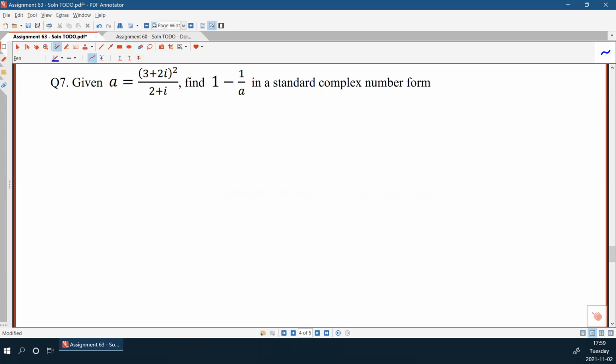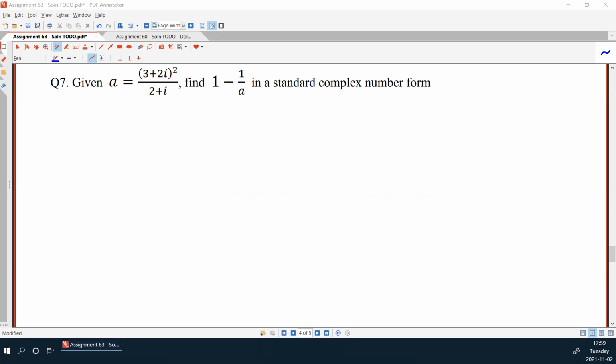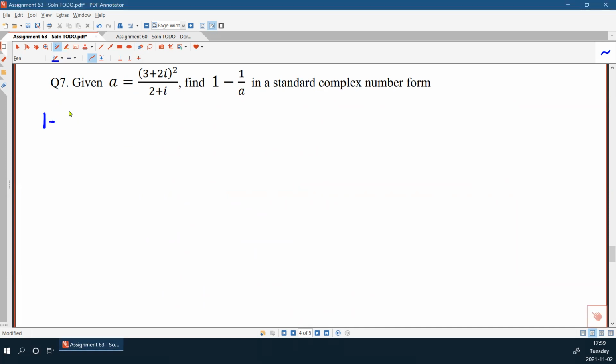So usually there is no shortcut, so we can just calculate this expression step by step. So first of all, a minus the reciprocal of a, we can just plug a into this expression, right? Which is (3 plus 2i) squared minus (2 plus i) over (3 plus 2i) squared, right?